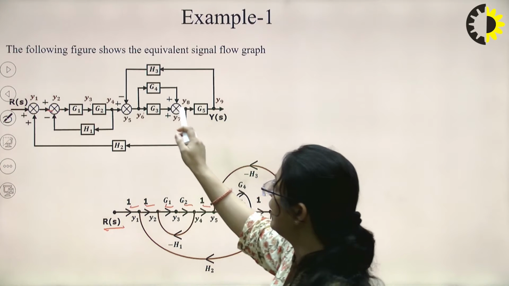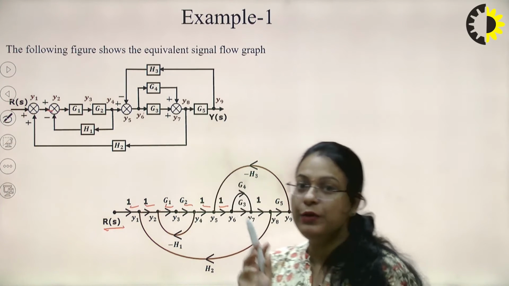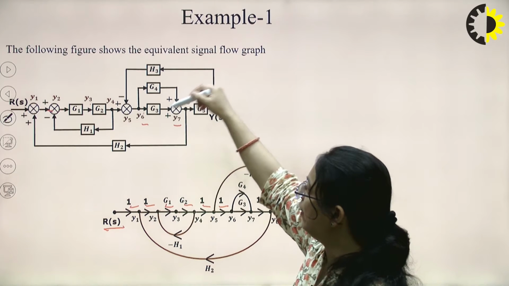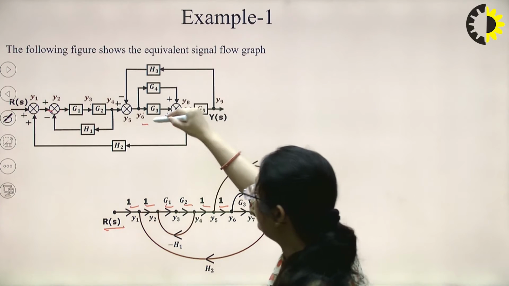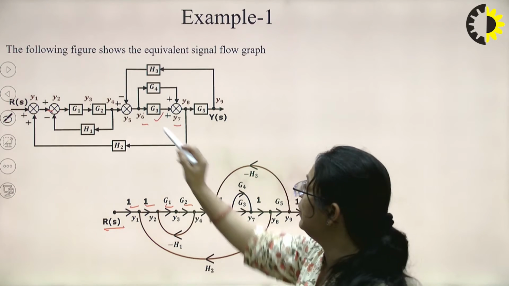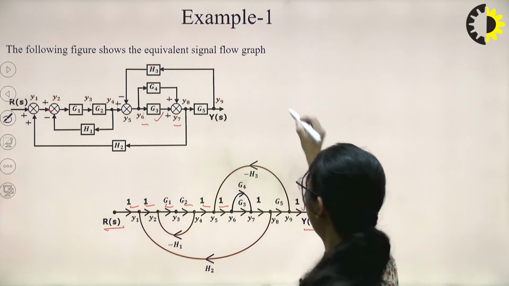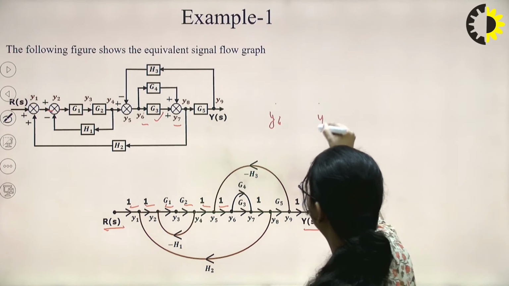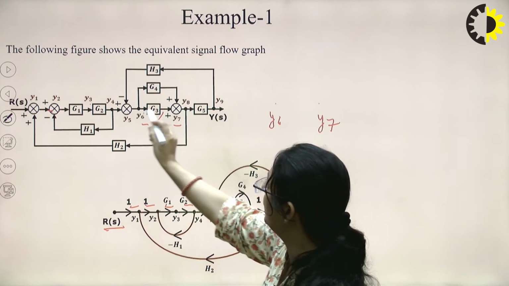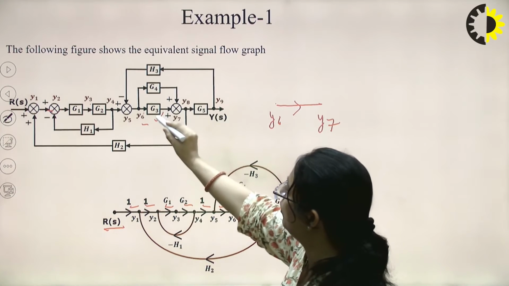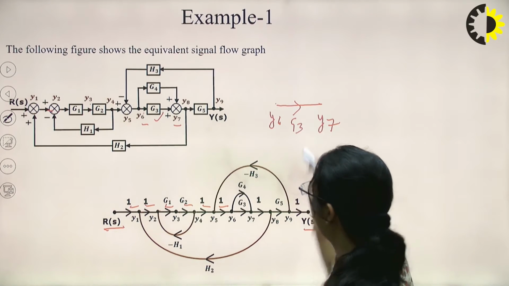Now between Y6 and Y7, we have 2 gains, both in the forward direction. One gain is G3. So we will make 2 branches between Y6 and Y7. The first branch will connect these two like this, and it is shown by the gain G3, because of this block.